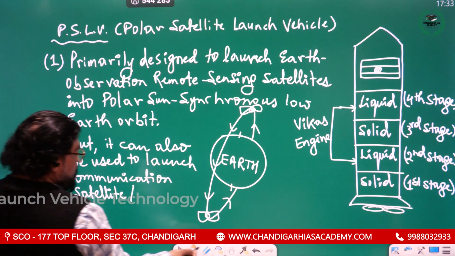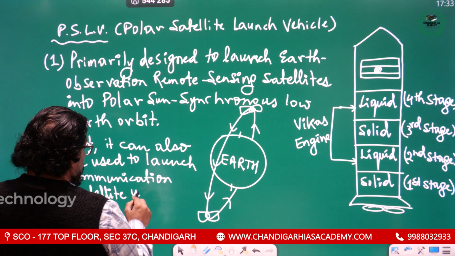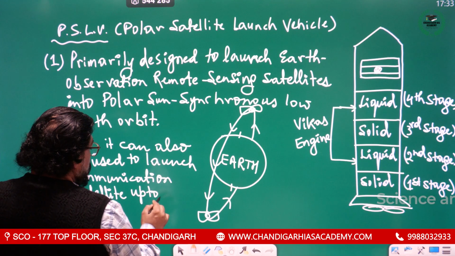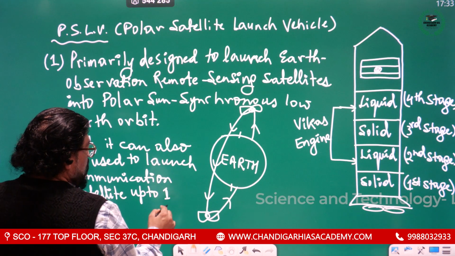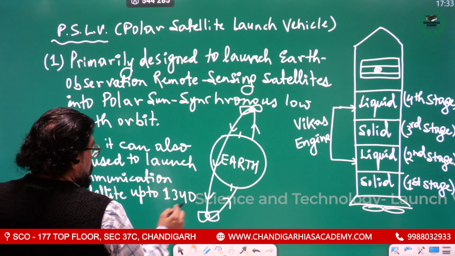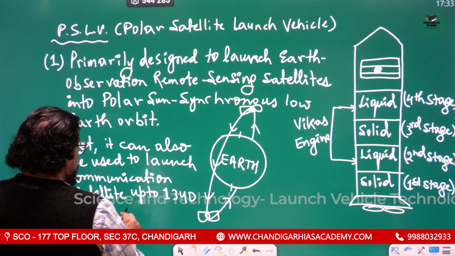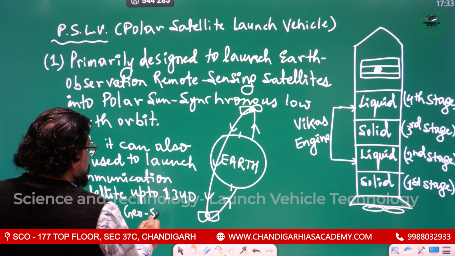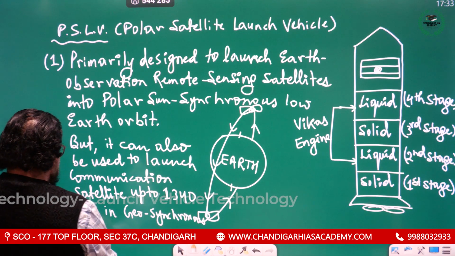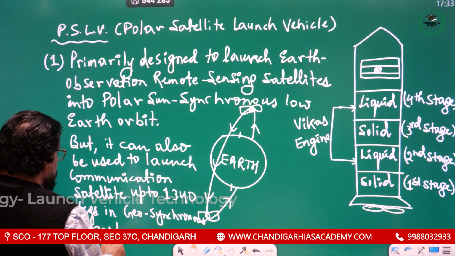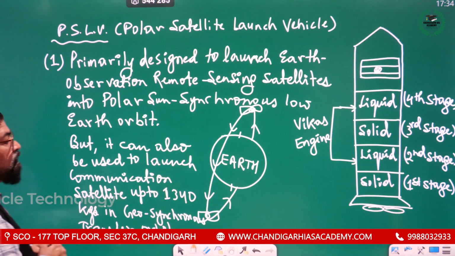It can launch communication satellites of up to 1340 kilograms into the geosynchronous transfer orbit, GTO.